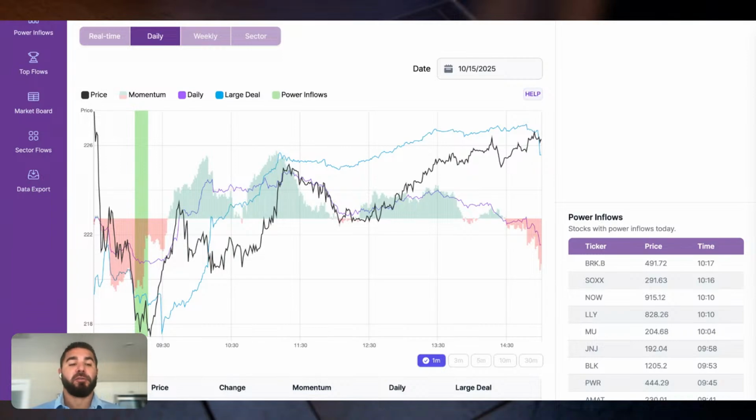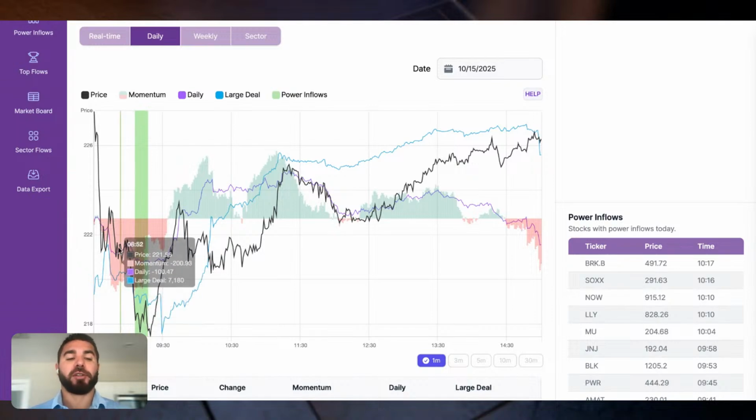So if we dig a little deeper into this example, you'll notice right out of the gate, the price, that black line, really dropped in the first hour or so of trading yesterday. It opened up around 227, and you can see in under an hour, it dropped all the way down to 217. It was down around 4 or 5 percent right out of the gate.